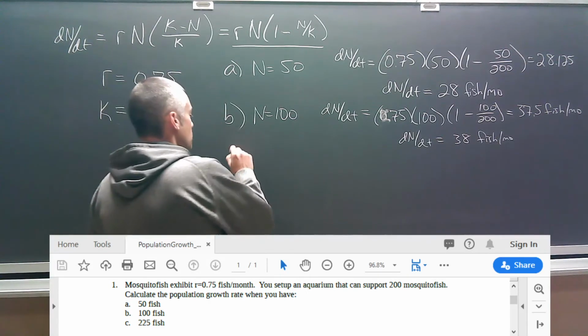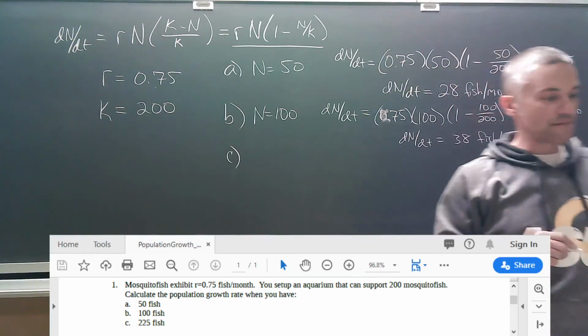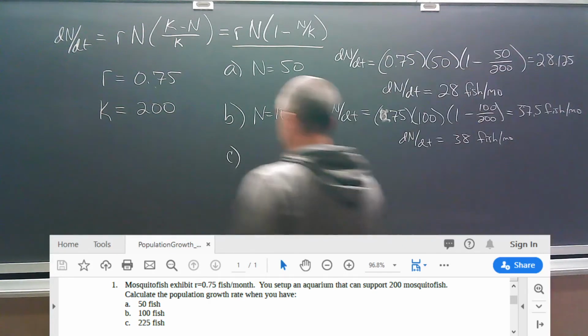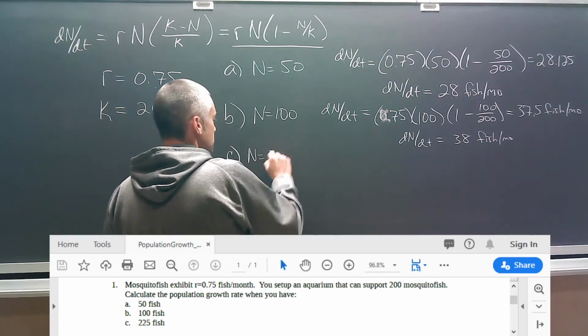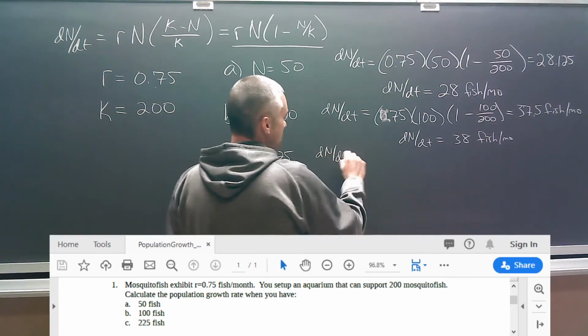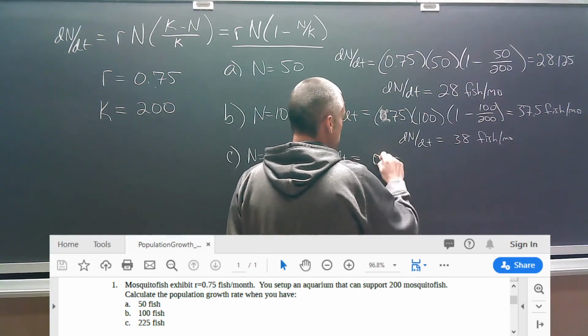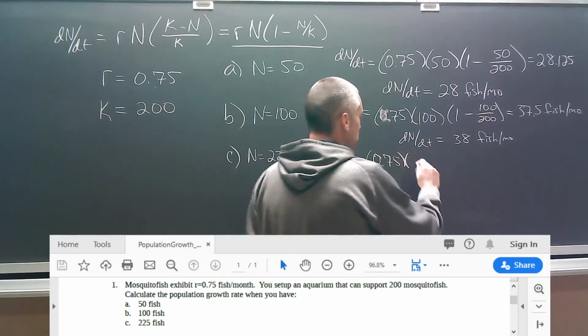C changes our population size one more time, and it is now 225 fish. So we ask the same question, what is our population growth rate? And we start substituting each of our variables.